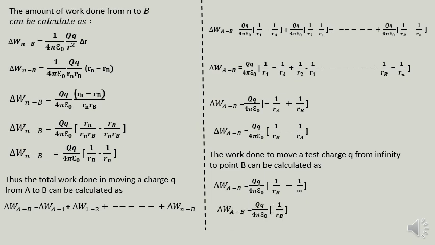So delta W A to B is equal to Qq upon 4 pi epsilon naught 1 over RB, because we know that 1 over infinity equals 0. So the negative term of the above equation becomes 0, and the remaining term will be delta W A to B is equal to Qq upon 4 pi epsilon naught 1 over RB के बराबर आ जाएगी.